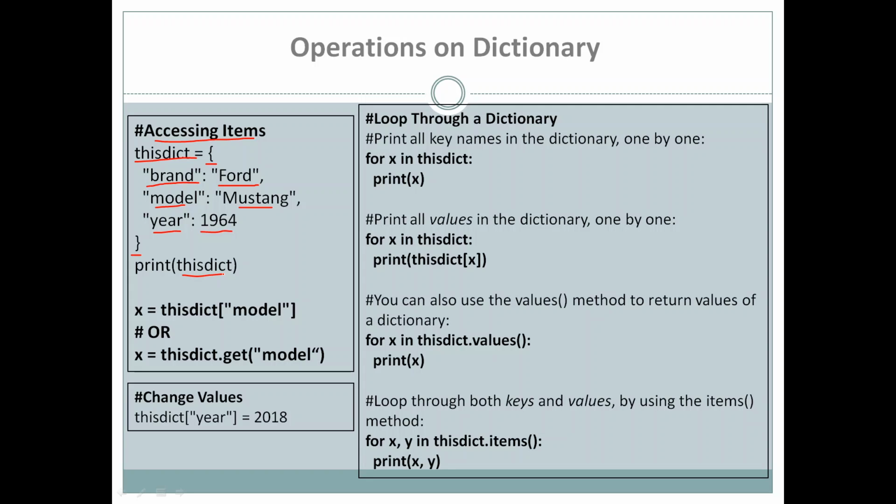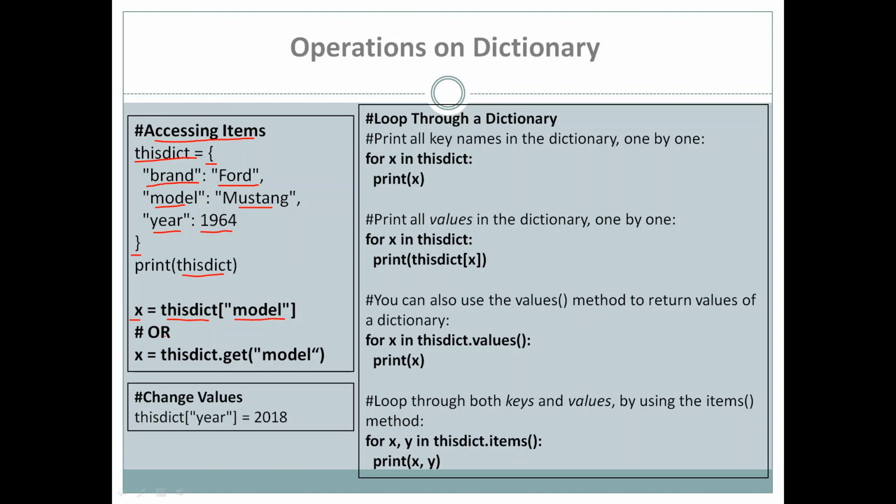Now here we will see how to access an element from a dictionary. If I want a particular value, then how can I access that value? Suppose I want to access the value of key model, then I can use a statement like this: x is equal to the name of the dictionary, in brackets the name of a key. If I pass the name of a key, this will return the value for the key, which will be stored in x.